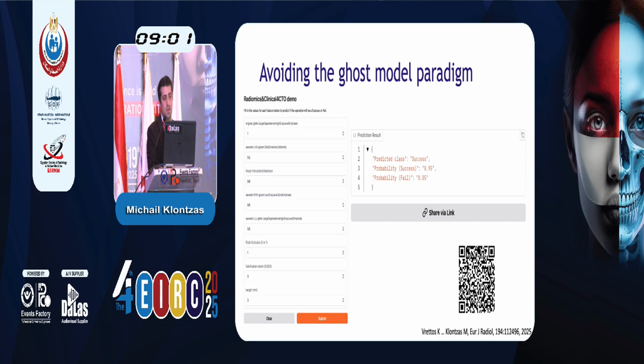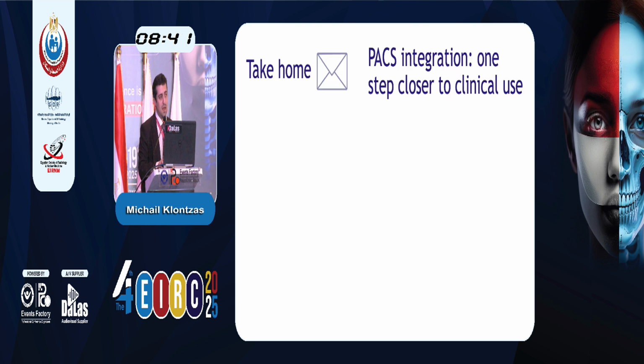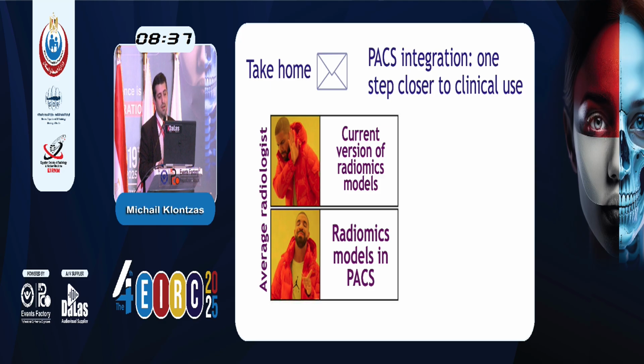And that's why we tend to develop applications, online applications or tools like the one I showed already, where you can actually input features and get predictions like this so that you can do the whole analysis easily at the radiology department. And of course, if you don't have these systems within a PACS, that's a problem, and that's a big problem with the current version of radiomics models.